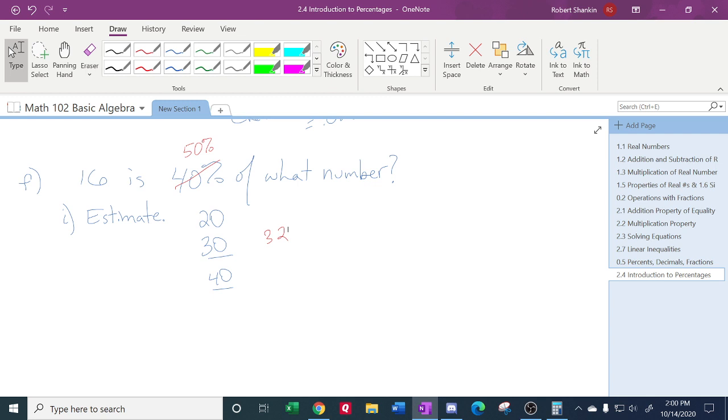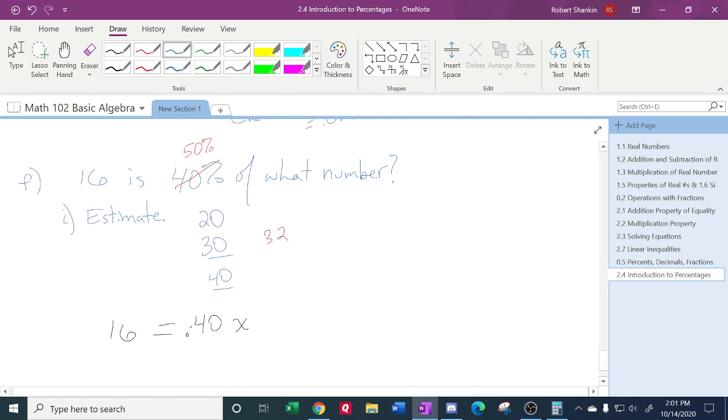Okay, let me do this one myself. 16 is means equals, 40% is 0.40, of means times, and then what number is x? I don't even have to bother to write the times. Putting them next to each other means that.